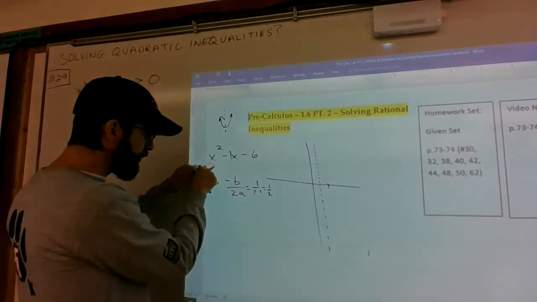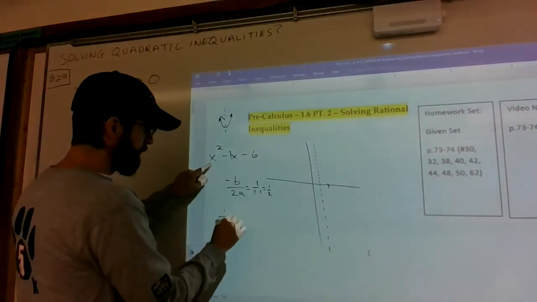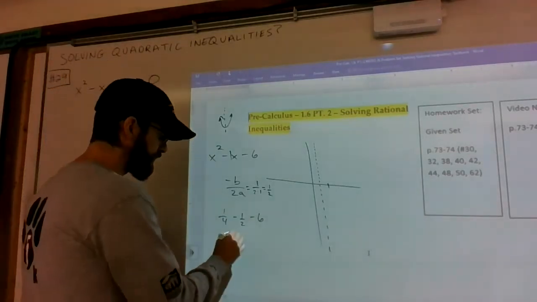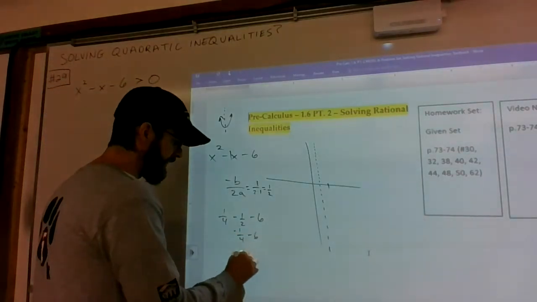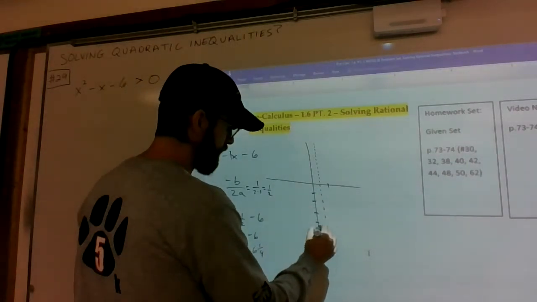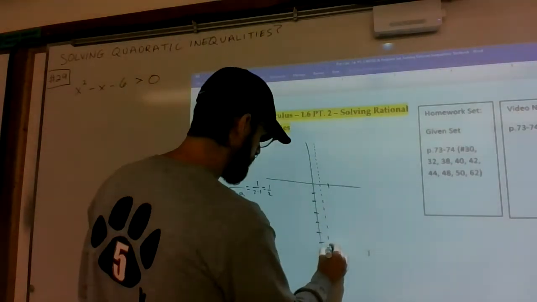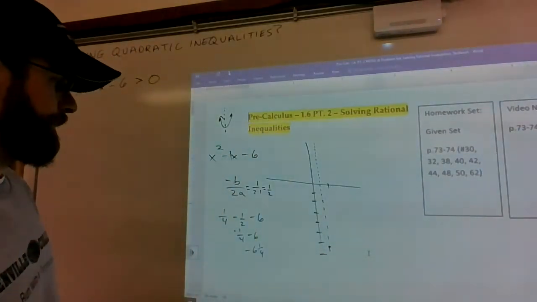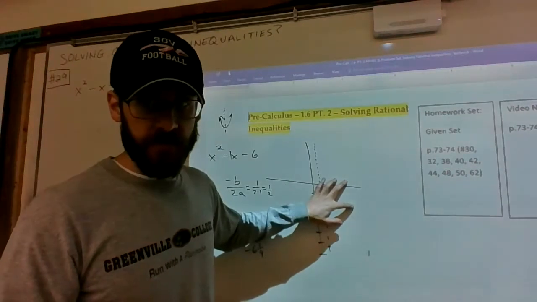If you plug it in here, you get a fourth, minus a half, minus 6. So negative 6 and a quarter is the y coordinate. It does this. Now, what are the zeros?